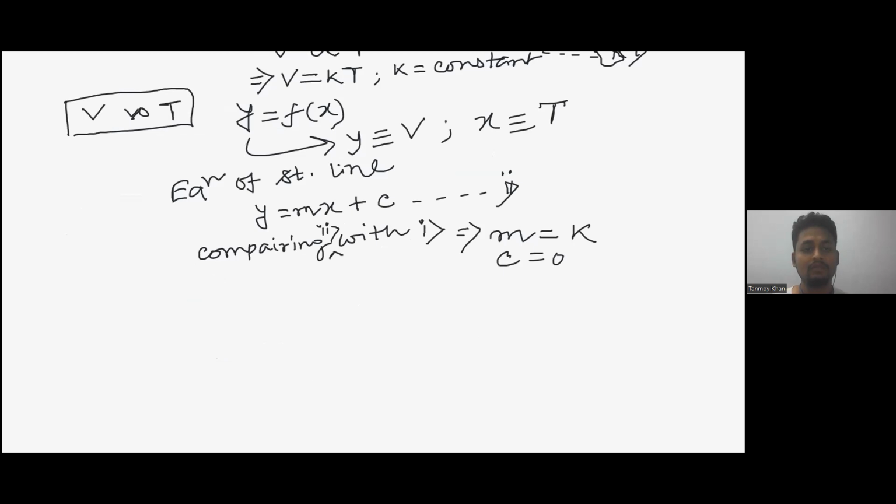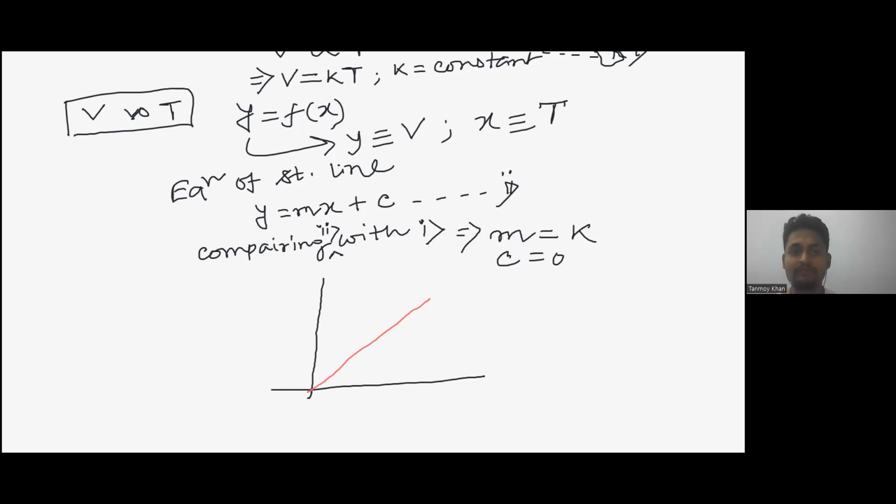That means it will be a straight line with intercept 0, so it will start from 0, 0. You don't know the value of K. Depending on K the angle will change, but it will always be a positive slope.